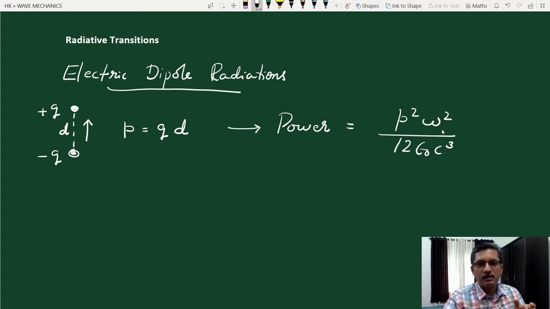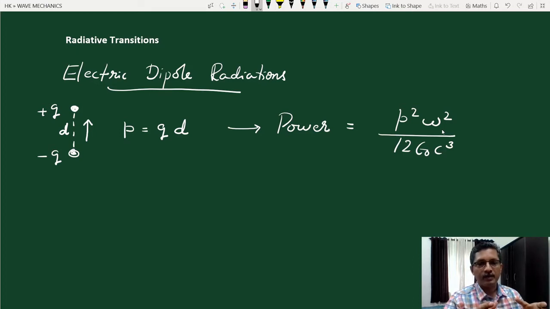Now when you consider hydrogen atom, for the hydrogen atom to be an efficient radiating system, it also should have an oscillating electric dipole moment. But in the case of hydrogen atom, the nucleus has the positive charge, it is compact, it is localized, but the negative charge of the electron is not localized.